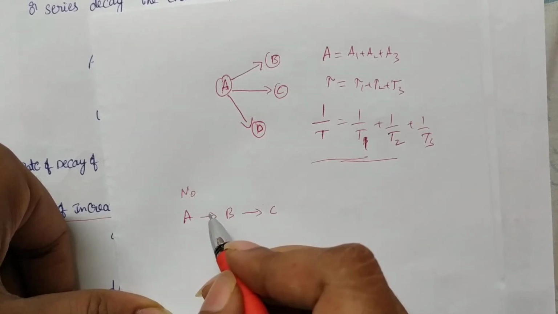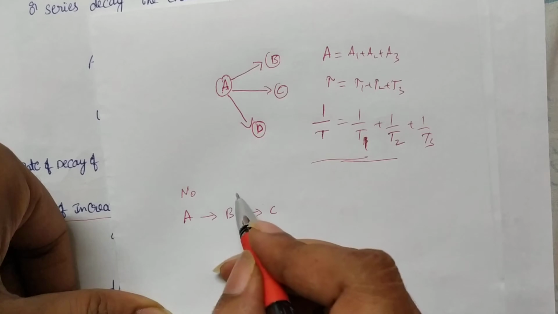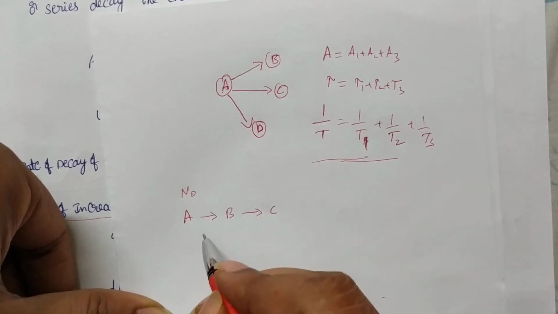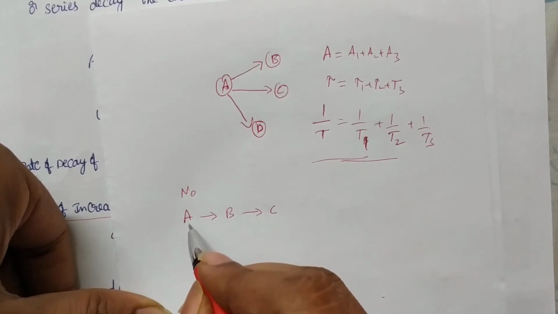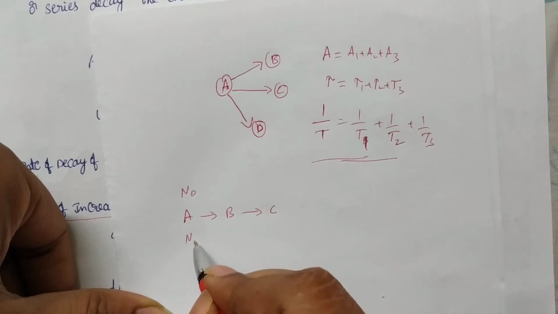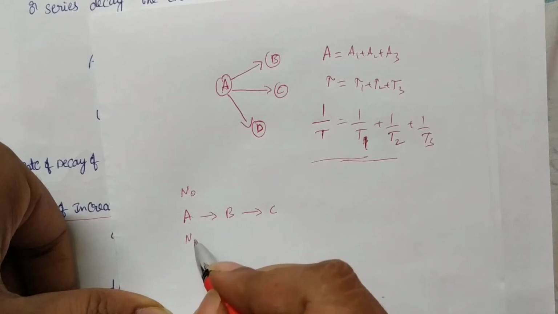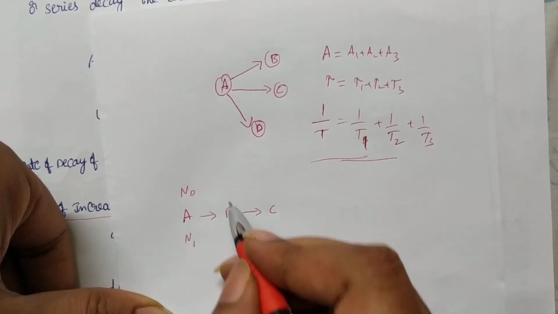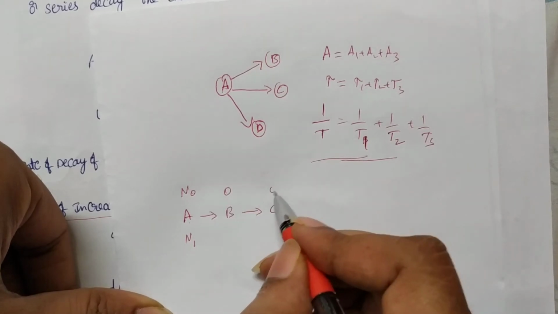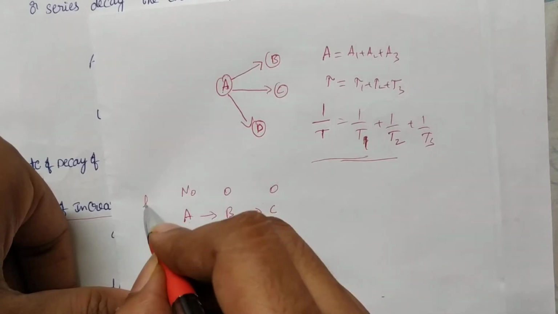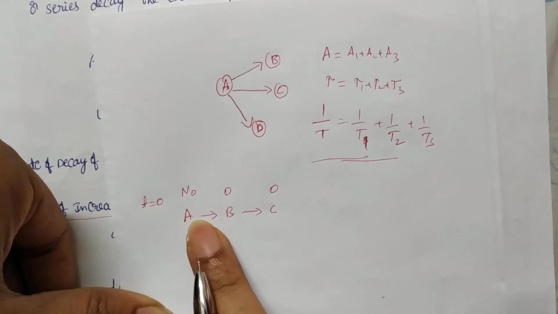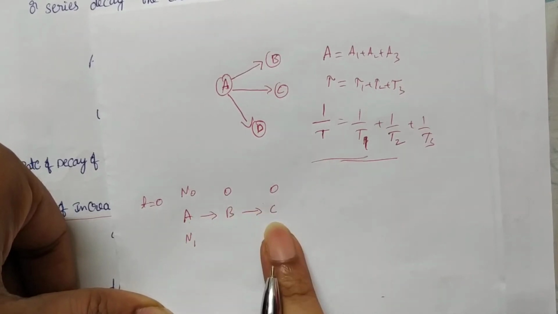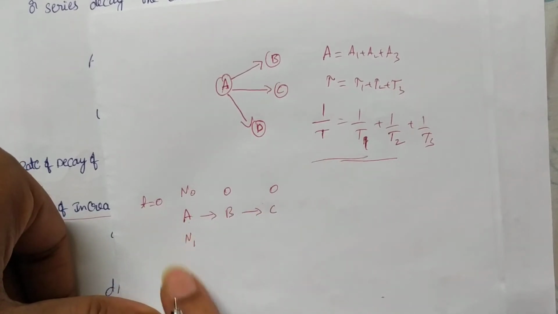These are converted into B material. So after some time this number of nuclei decreases. Then you can take the number of nuclei in A as N1, less than N0, and initially there are no nuclei in B and C. So at t equal to 0, the number of nuclei of A is N0, and B is 0, and C is 0. But what about after some time?